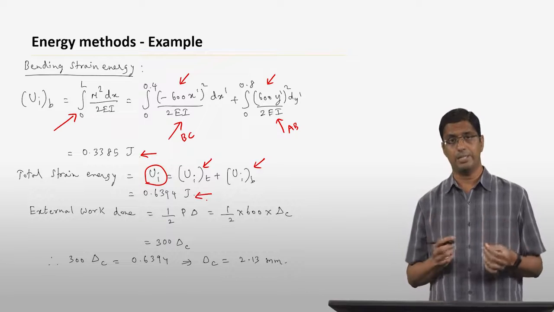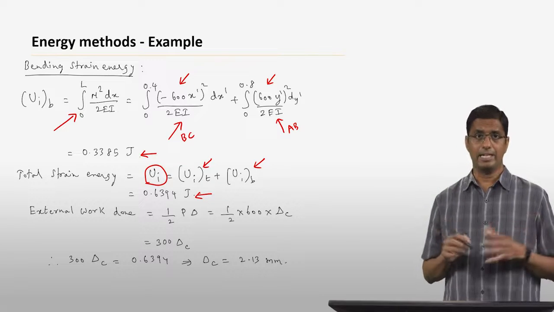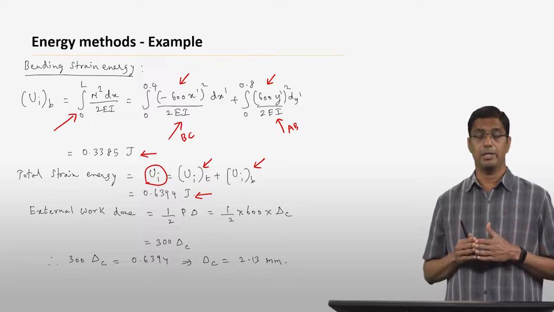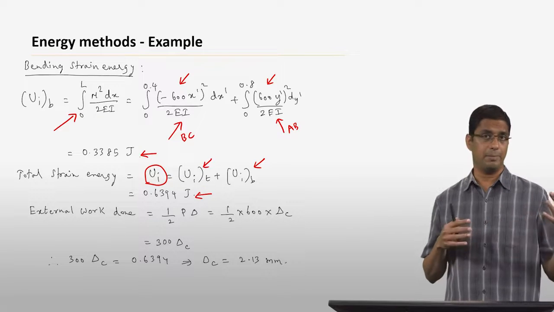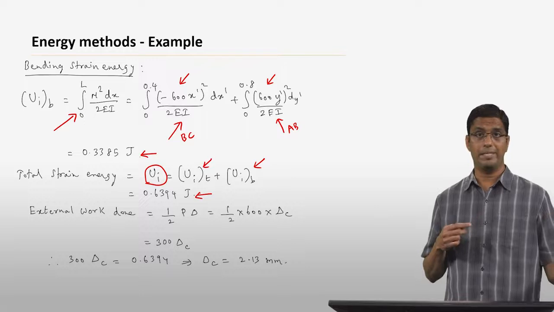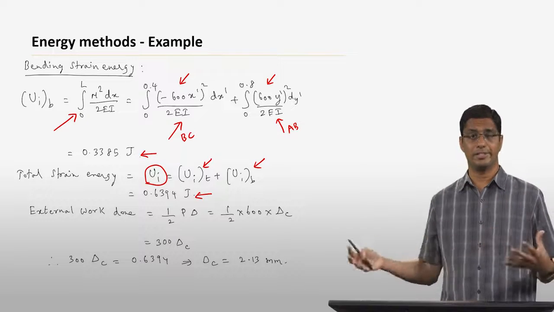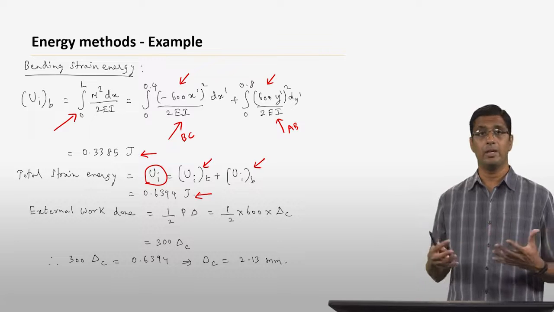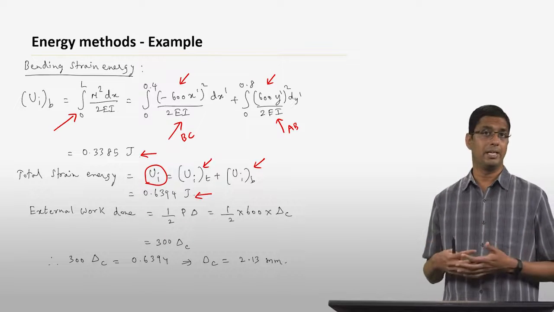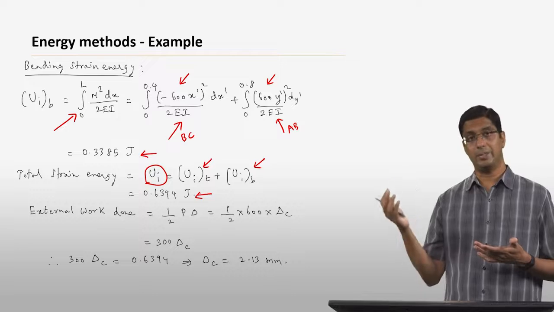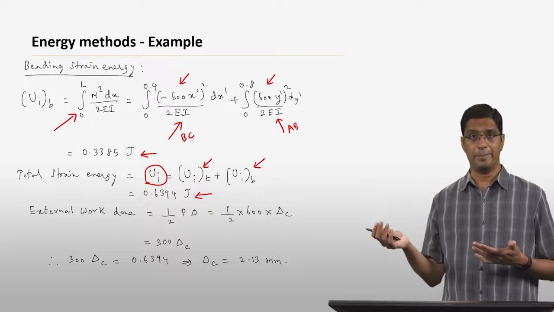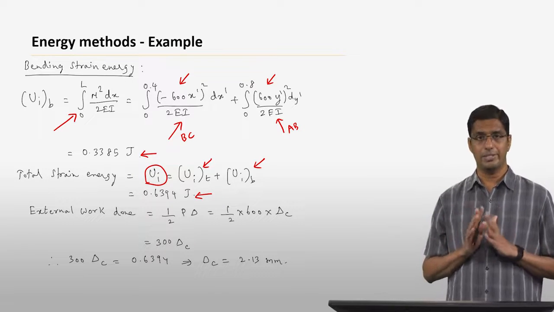One thing that I want you to pay attention to is that when you calculate the strain energy, make sure that you get your units correct. For example, if your moment is in Newton meters and your distance is in meters, then essentially you get the strain energy in joules. On the other hand, if your moment is in Newton millimeters, for example, then you have to multiply by a factor of 10 to the minus 3. So just make sure that the units are correct.